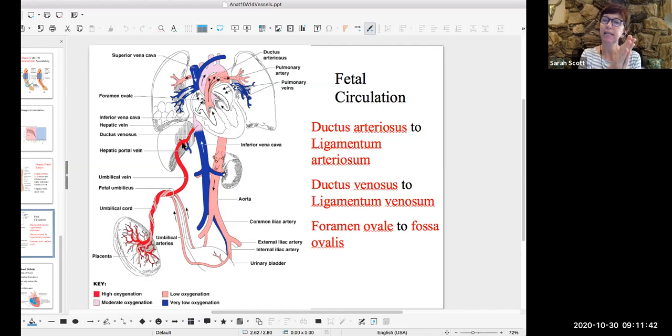It will heal closed and end up as almost like a skin tag, just a little piece of tissue. If you identify it in the adult through prosection, you will call it ligamentum venosum. Just a little piece of what looks like skin, and it will be embedded in the liver.